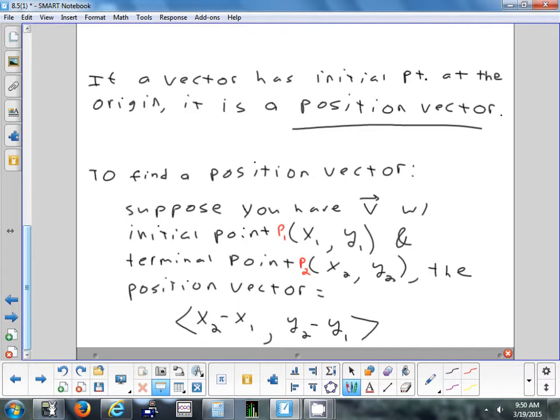Right, so if you've got a vector that has initial point, call it x1, y1, and terminal point x2, y2, you basically do P2 minus P1, or x2 minus x1, and y2 minus y1. And that'll tell you what the vector is, if you're given 2 points.